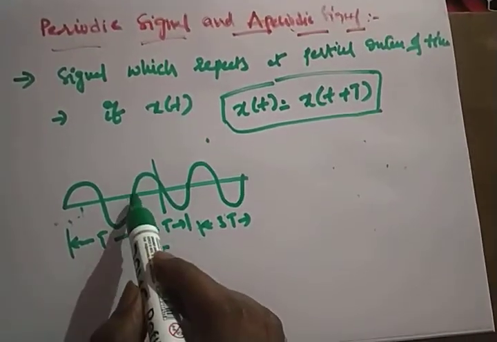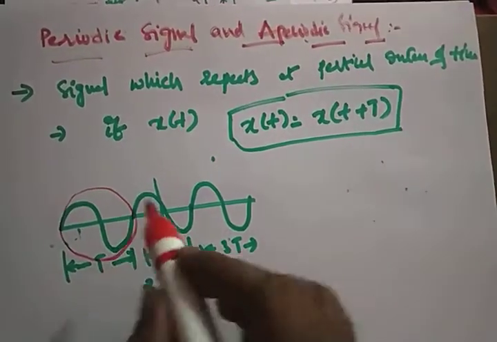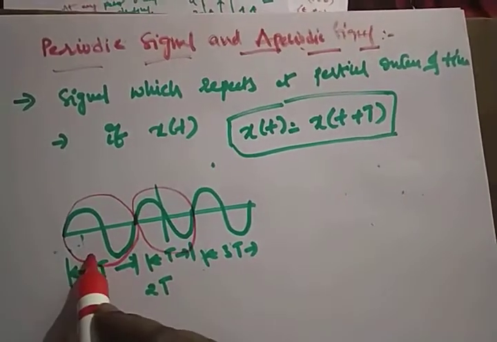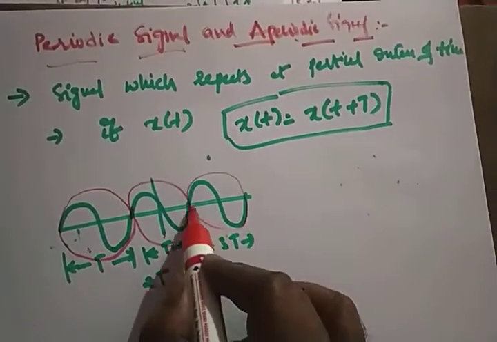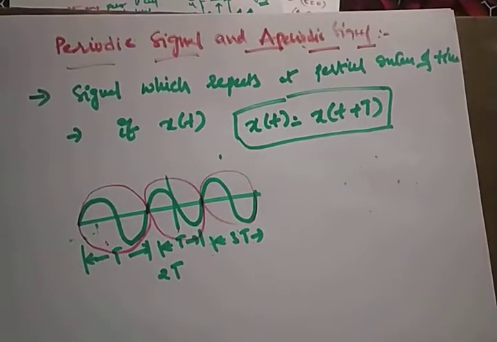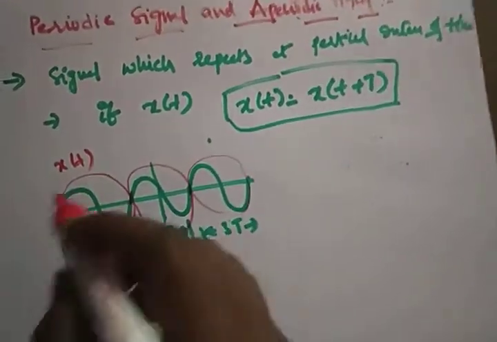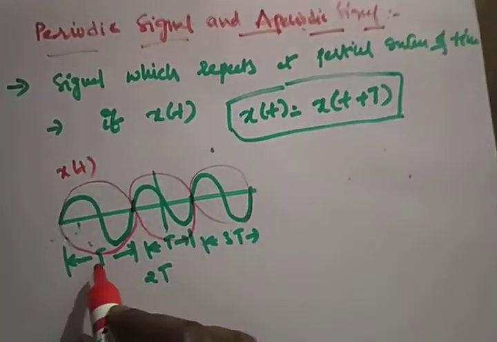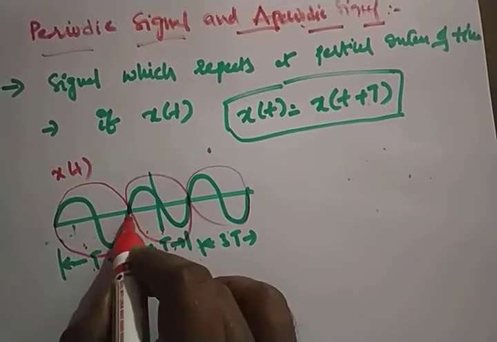That means the signal repeats at a particular interval of time. So what is that interval of time? T. This is T, this is 2T, and this is 3T. So this type of signal we can call a periodic signal. That means if this signal is x of t, after adding T, that is t plus T, you are getting the same signal.